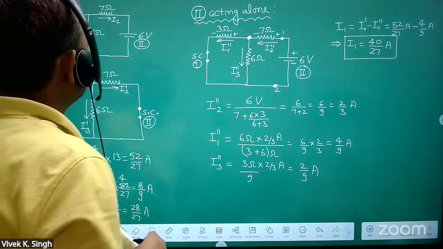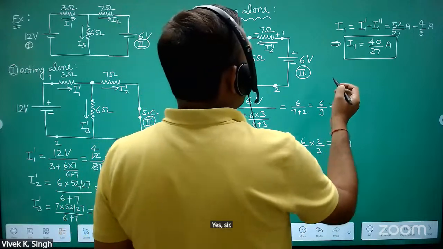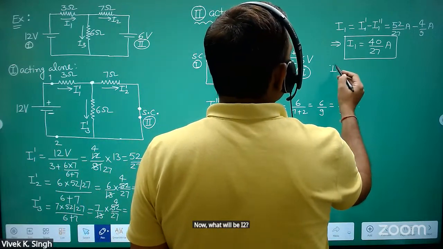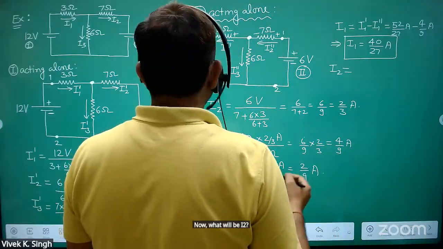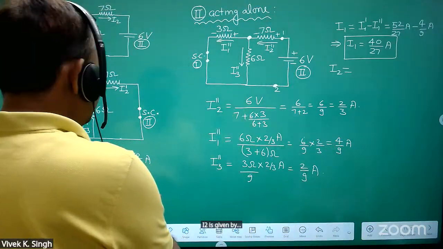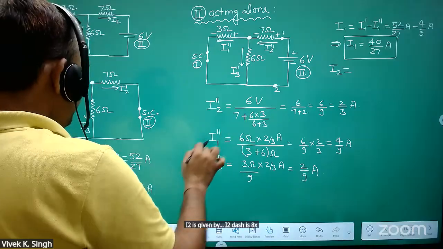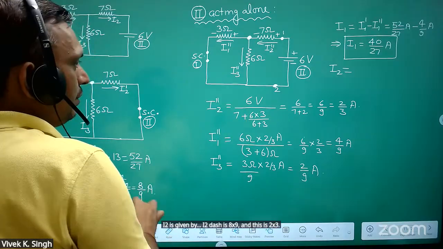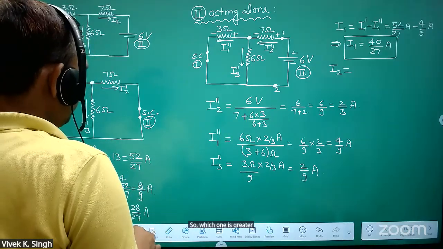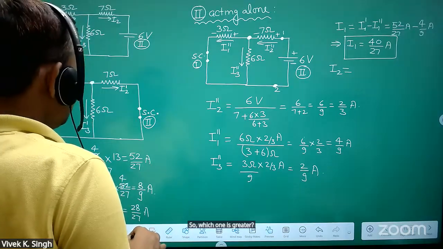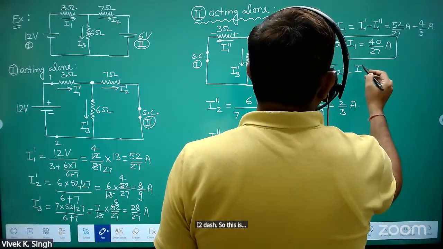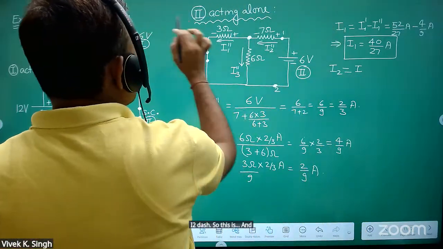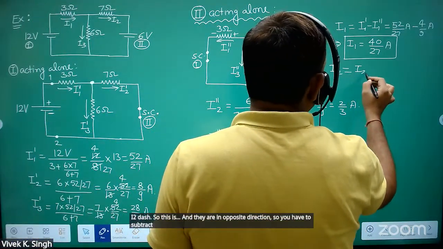Yes, sir. Now, what will be I2? I2 dash is 8 by 9 and this is 2 by 3. So which one is greater? I2 dash. And they are in opposite direction. So you have to subtract and you have to see which value is greater.